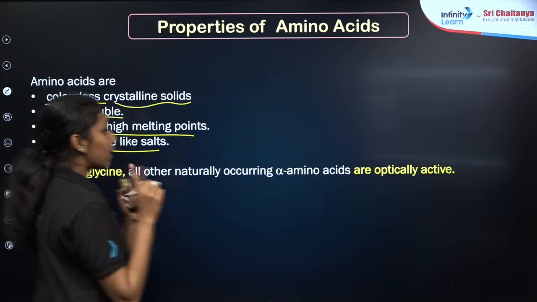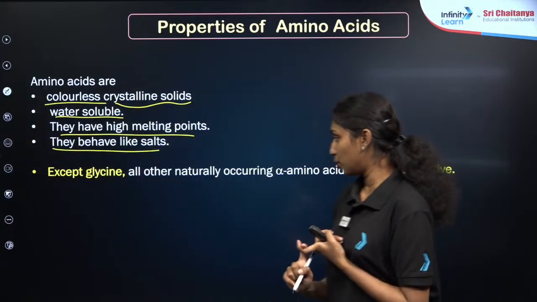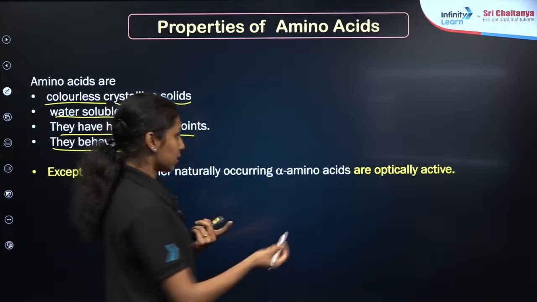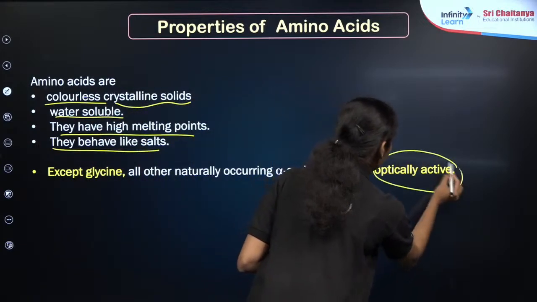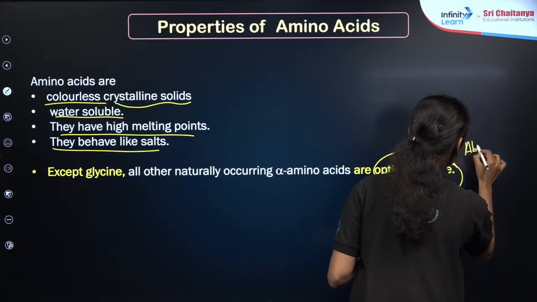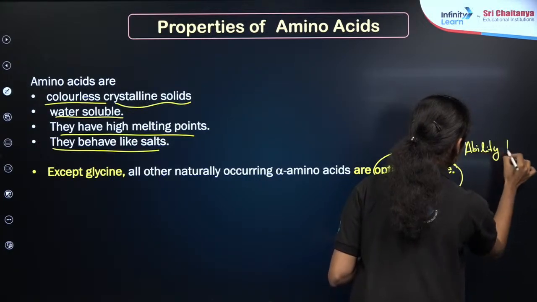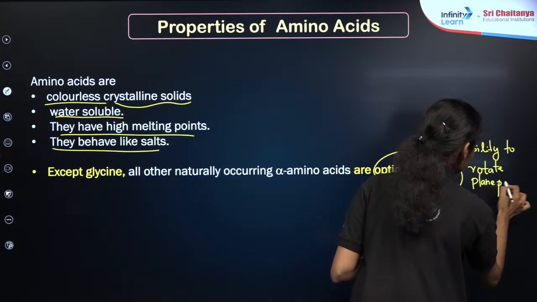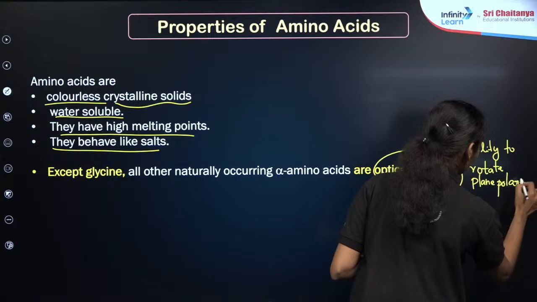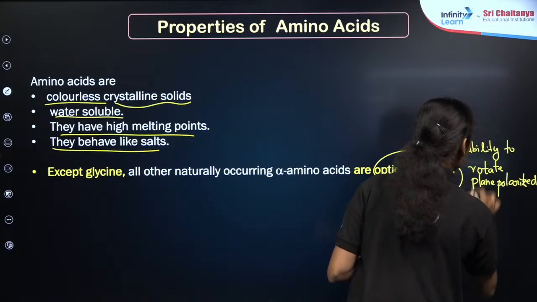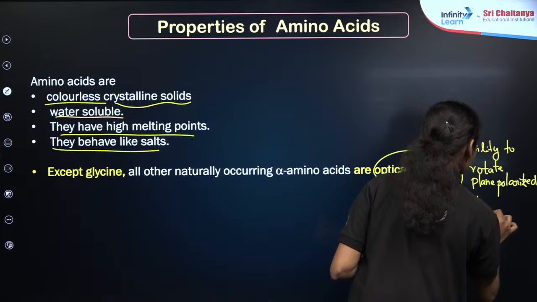Then, again, there is one more exception. All the alpha amino acids are optically active in nature, as you already know about the optically active nature, right? This is the ability of a particular molecule to rotate plane polarized light.